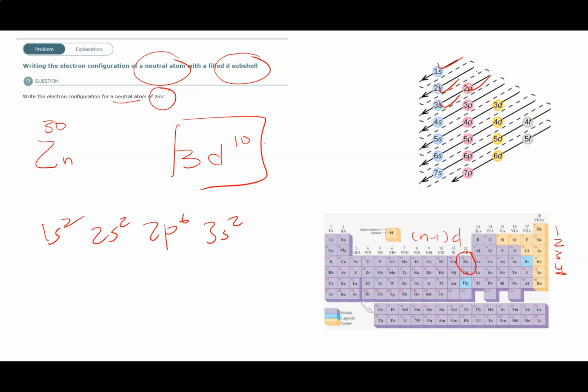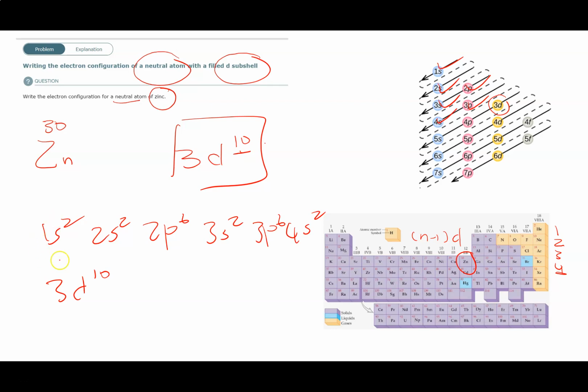So that gets me to 12, right? 3p6, 18, 4s2, 20, and then there I am, 3d10, 30. So I know I got it right because it ends at 3d10. I got a total of 30 electrons. There's no possibility I made an error.